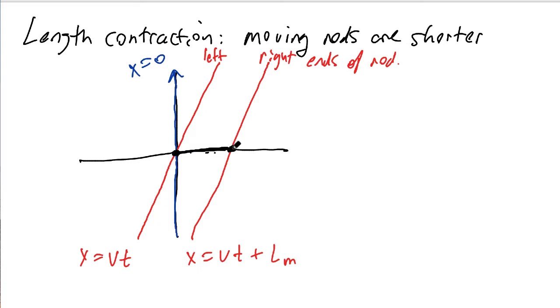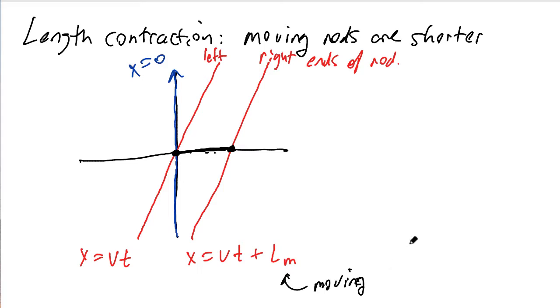So this is a coordinate distance L_m away, and for this observer, that's also the proper distance. So for this observer, the length of the rod as seen by this observer is L sub m, and I'm using the subscript m to refer to moving.